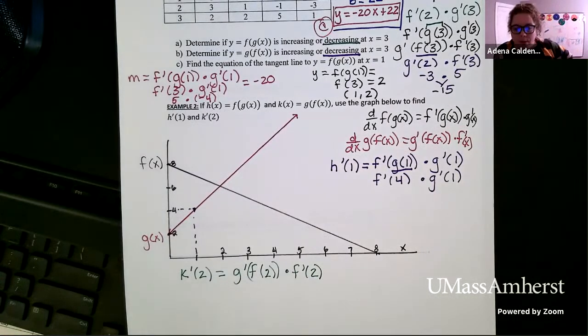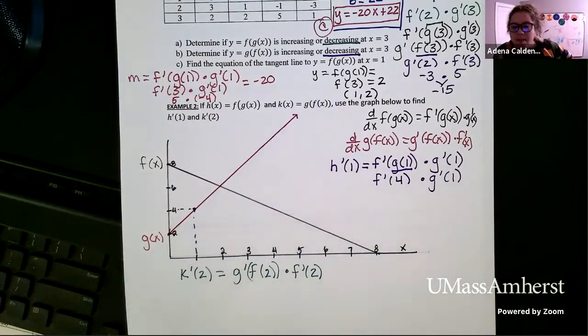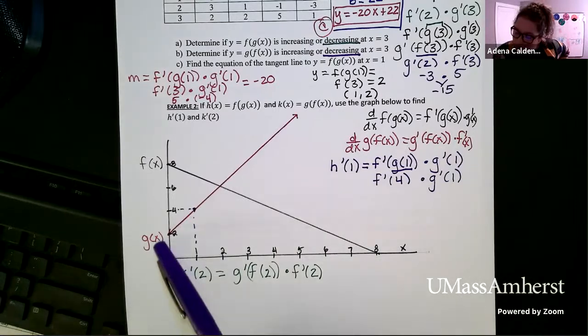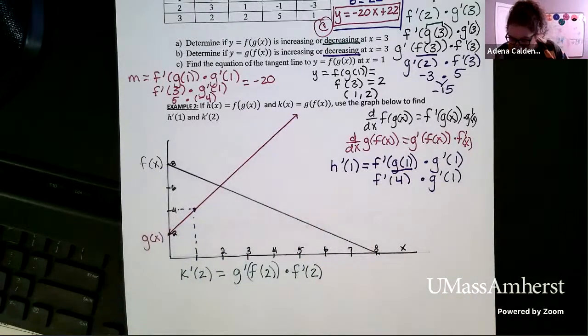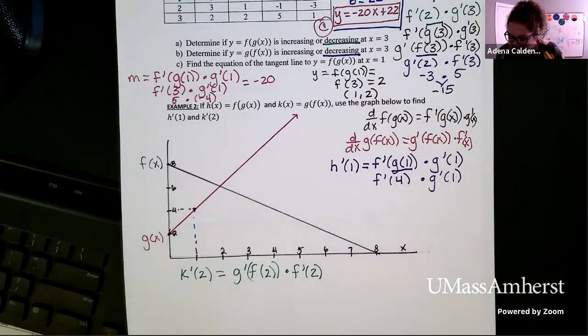So if we wanted to find the derivative and we had a curve, we'd have to sketch in the tangent line and approximate the slope of that line. But we know that if a function is linear, the derivative is the slope of the line. So we need to figure out the slope of the g function and the f function so that we can figure out what these derivatives are going to be.